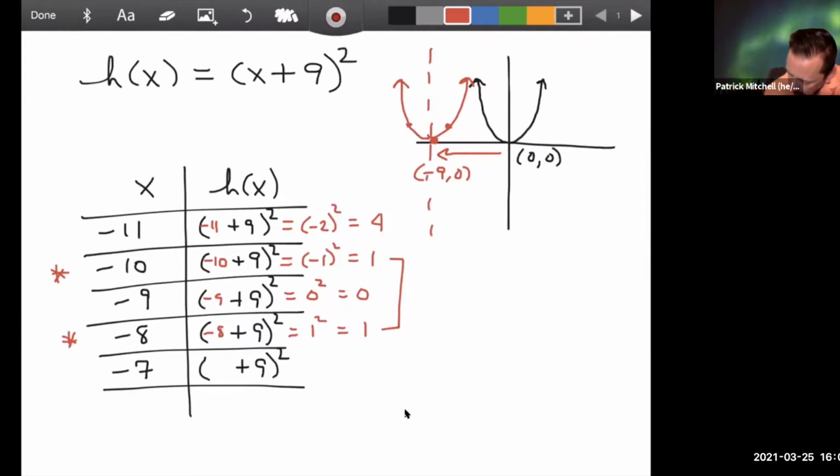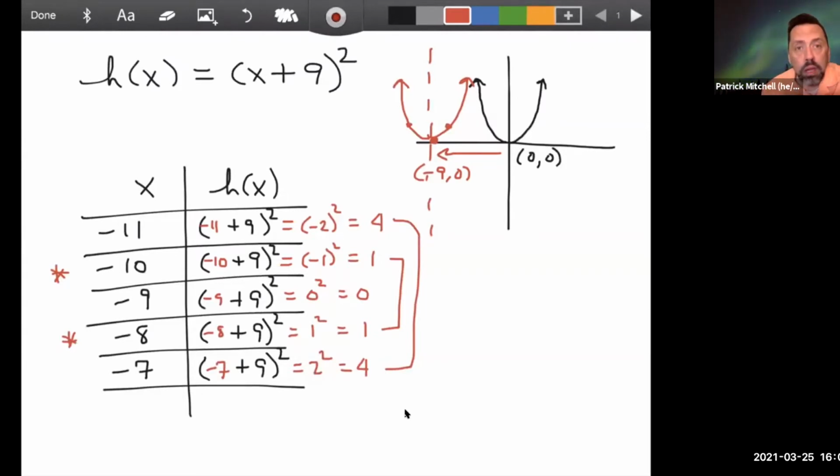And in fact, I also expect these 2 points to have the same y value. -7 plus 9 is 2. 2 squared is 4. So actually, if you're lazy like me, you don't really have to do both -10 and -8, or both -11 and -7. You can just do one or the other. And then the symmetry gives you the other point for free. So that's kind of nice.